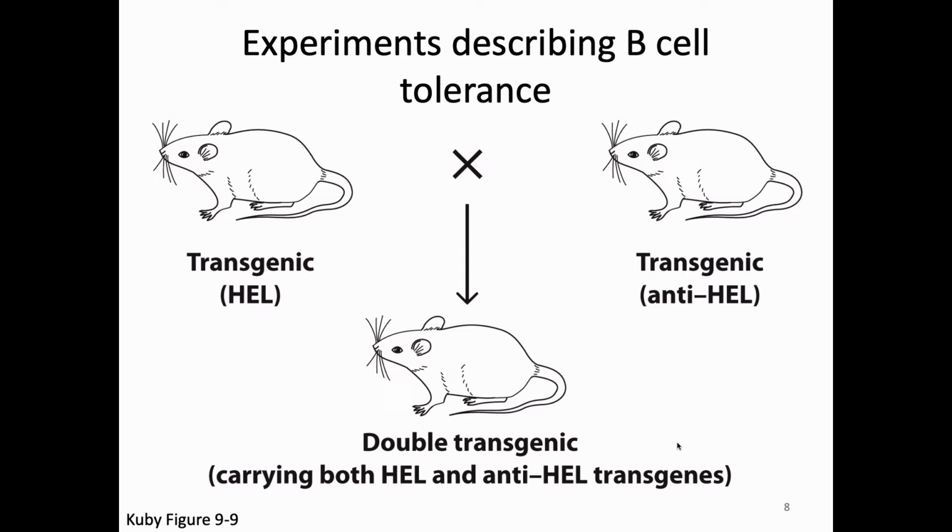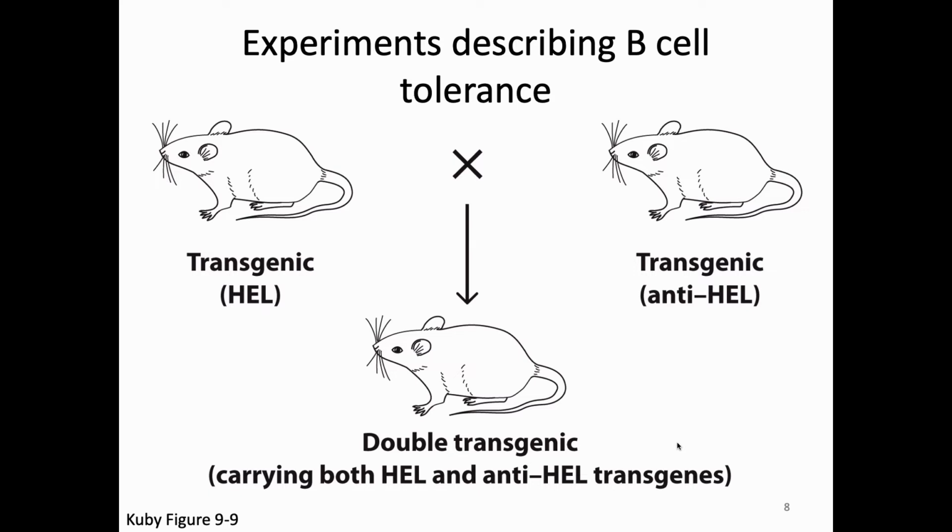One of those mice is called the transgenic HEL mouse. Transgenic means that we added a new gene. In the transgenic HEL mouse, we added the gene encoding a protein called HEL.